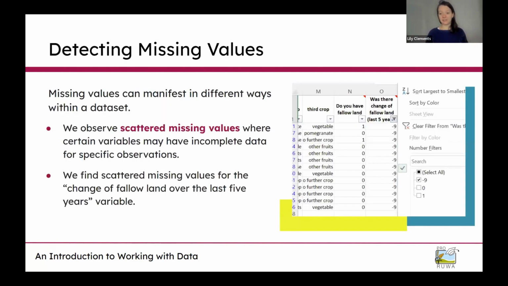Detecting missing values can manifest in different ways within a data set. We observe scattered missing values where certain variables may have incomplete data for specific observations. So here, when we looked at whether there was a change of fallow land in the last 5 years, a random selection of people had that as missing. Now, if we look at the question before it, do you have fallow land?